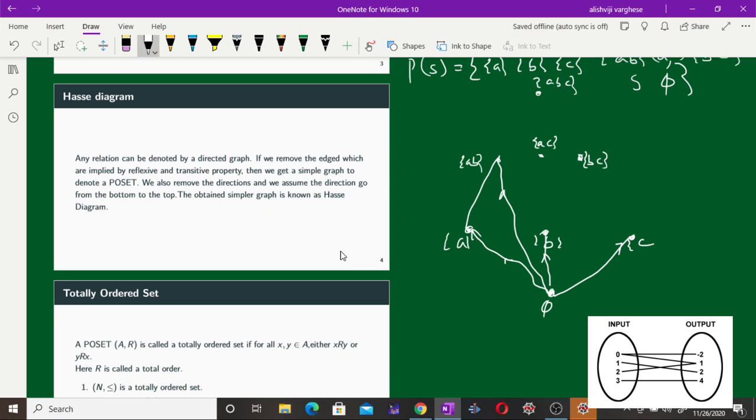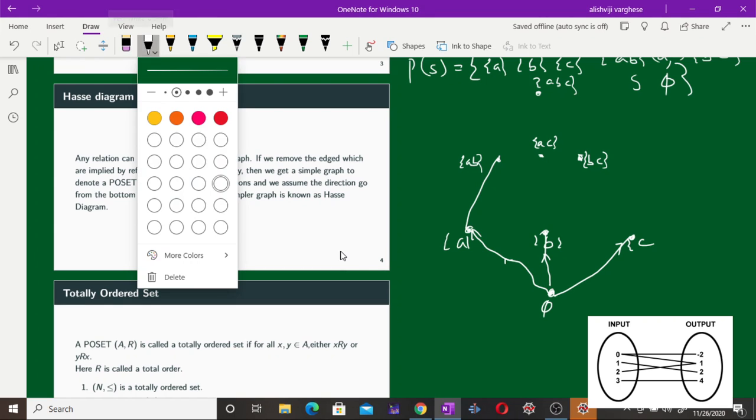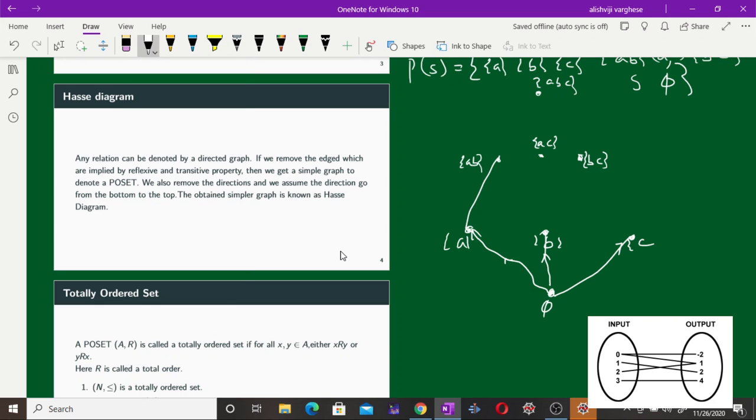And since the relation which we are discussing is a partial order relation, it is transitive, and since phi is a subset of A and A is a subset of AB, naturally phi is a subset of AB. So this edge from phi to AB is obvious from the transitive relation.